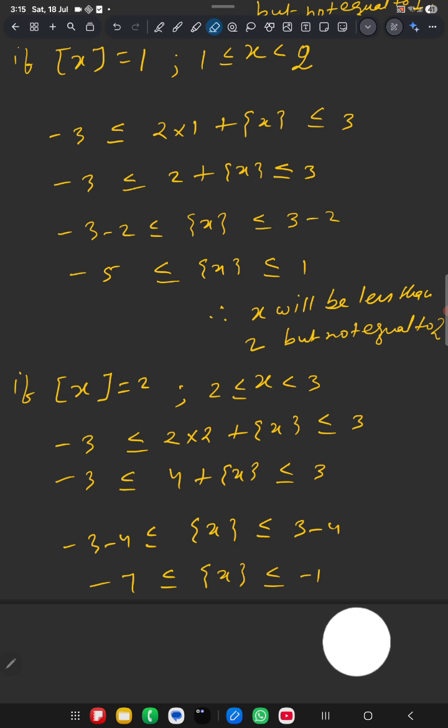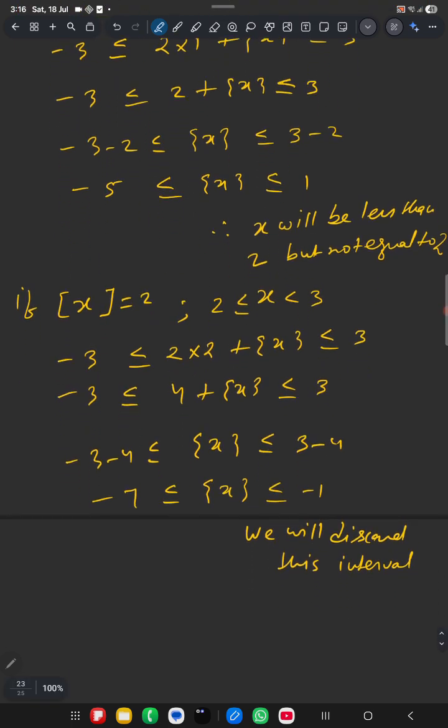Now we will find the lower limit. Okay, so full stop.